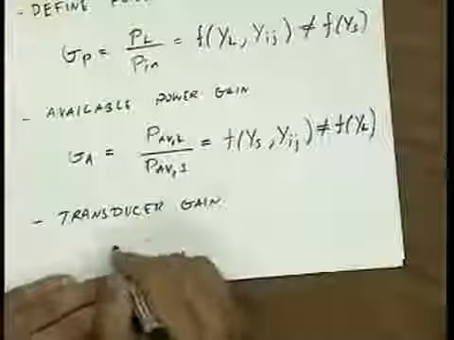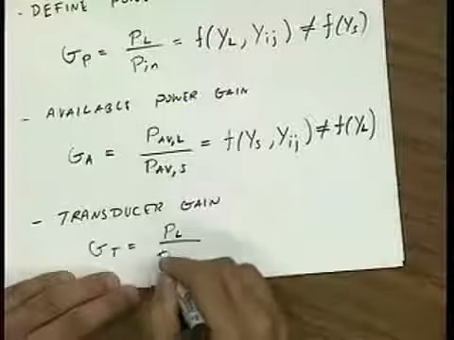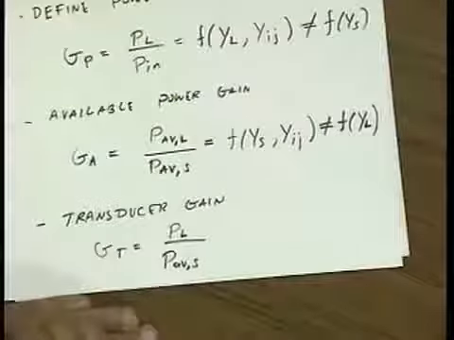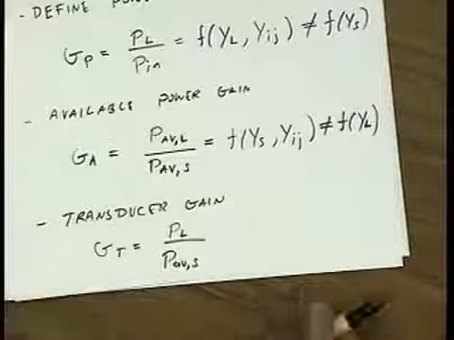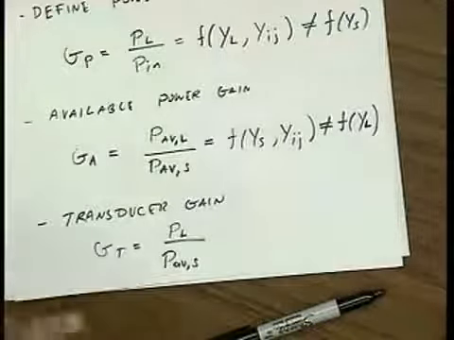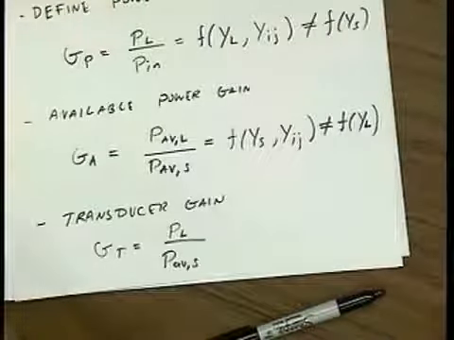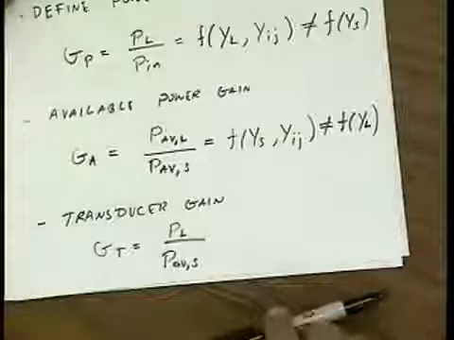The transducer gain is an interesting one. It's the power that goes to the load divided by the available power from the source. In other words, transducer gain tells you how much better you're doing than a matched load, right? What does that mean?